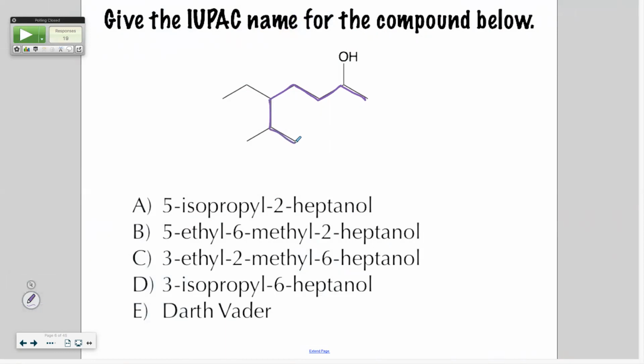What was the rule? Most substituents. Good. Okay. So the name is going to be 5-ethyl, 6-methyl, 2-heptanol. Okay. See why it's not A. Okay. At least nobody picked B.